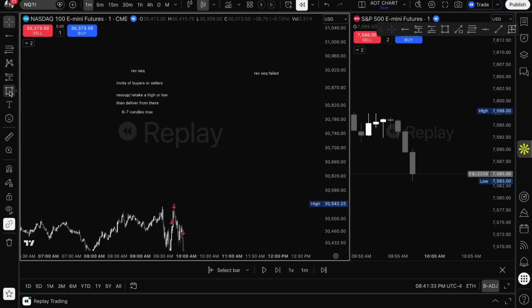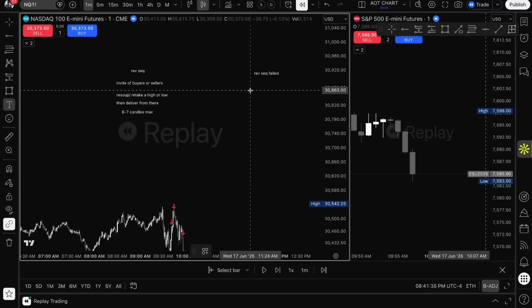Now a reverse sequence fail. All you really need is an invite of buyers or sellers, and then you need the initial invite of buyers or sellers, then a rebalance, and then failure.